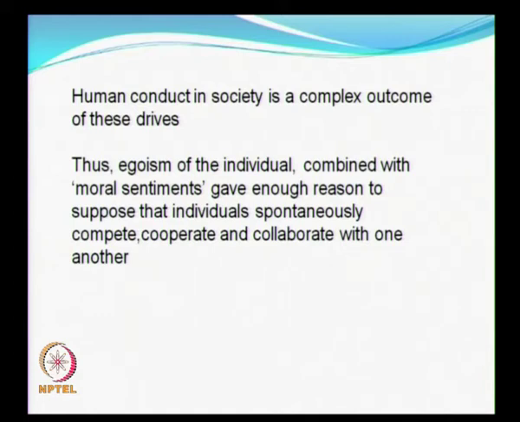And this leads to different modes of behavior. Since egocentrism is primarily at the heart of most of Smith's drives, Smith's man is basically a competitive man, but he would like to have his competition within certain rules and norms, because he is also benevolent, because he has also got a sense of charity, he has also got a bit of altruism in him, he has got a sense of virtue in him.